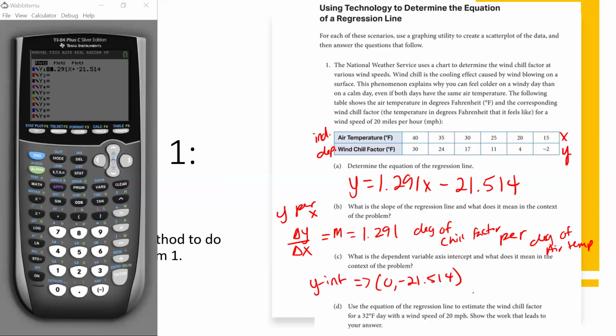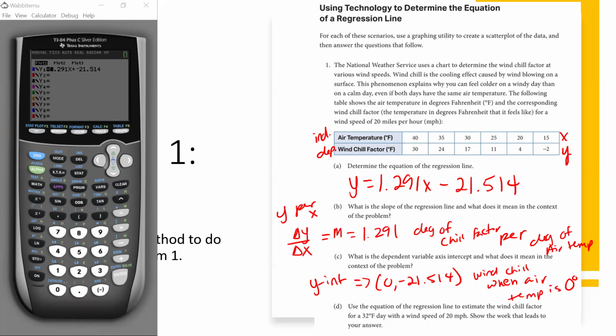Your air temp is 0. So this is wind chill when air temp is 0 degrees. Make sense? So your y-intercept tells you your y value when the x value equals 0. Make sense?